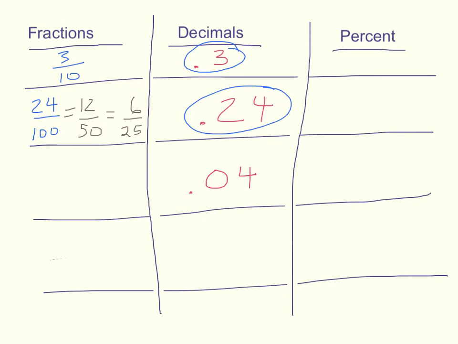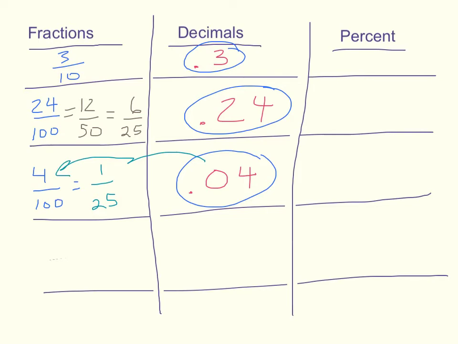Here's another example, 4 hundredths. Both are even, both can be divided by 2, and if you think maybe too that they both could be divided by 4, then I'd have 1/25. So I would say the key is to say the decimal out loud to get to the original fraction.